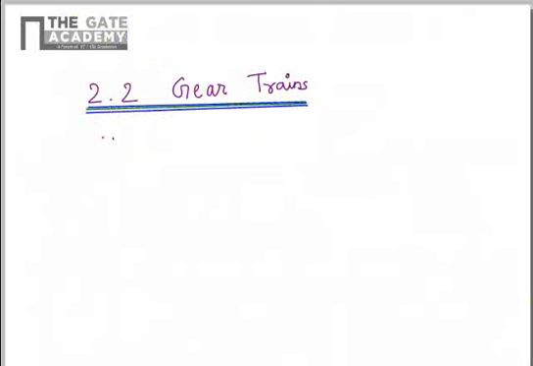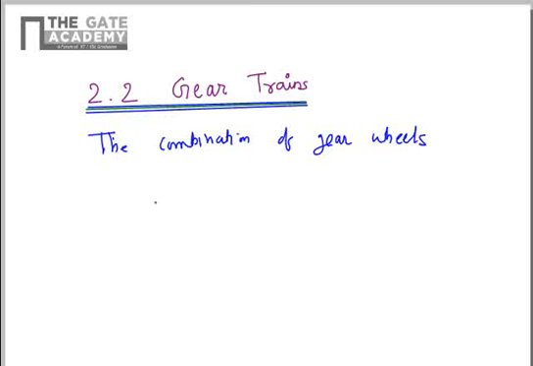Now we move on to the second topic in the chapter of gears, that is gear trains. A gear train is defined as a combination of gear wheels. If you see the structure of a gear, when one gear is engaging with another, there is still scope for that second gear to engage with a third one.